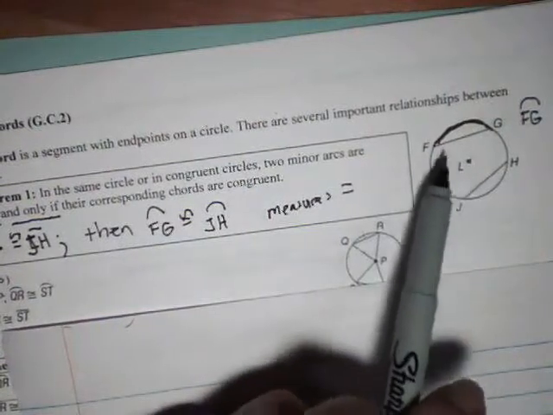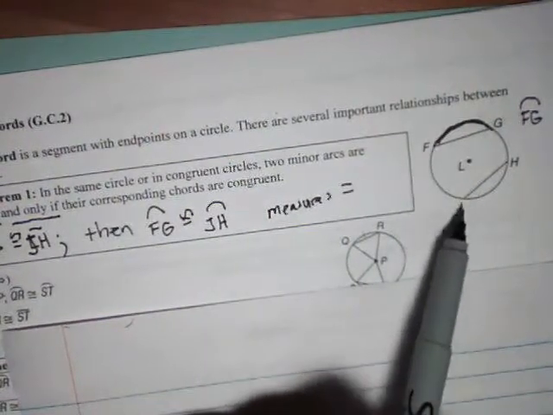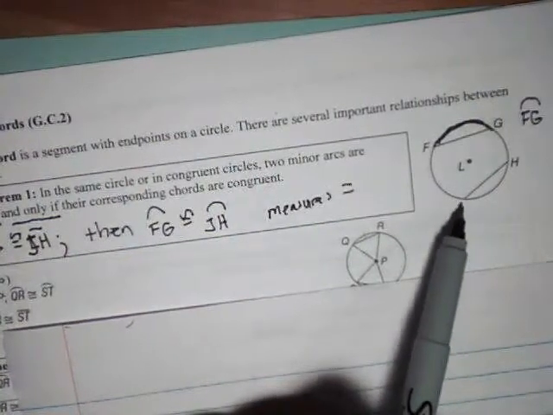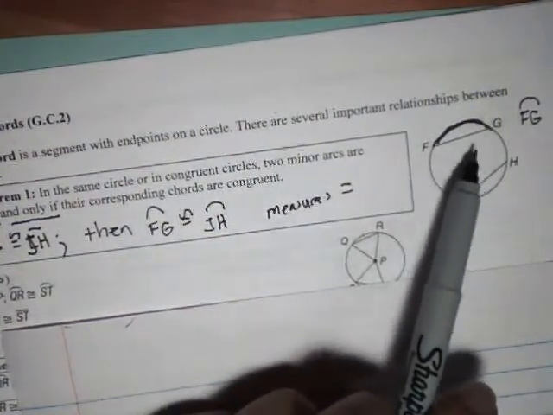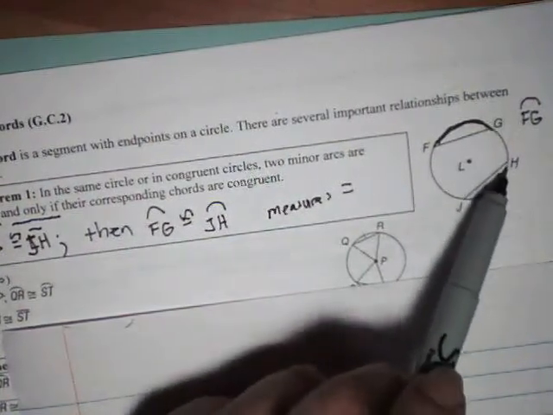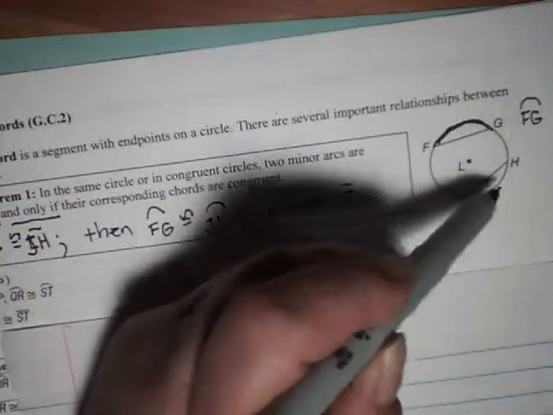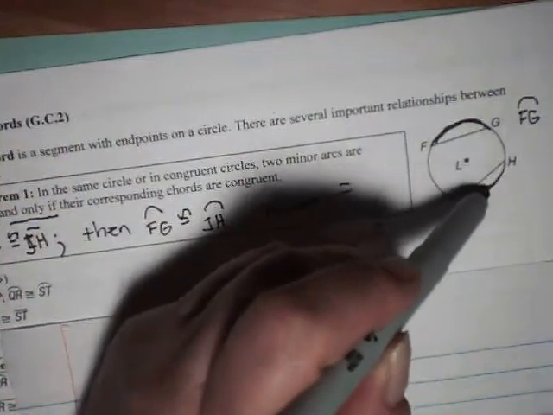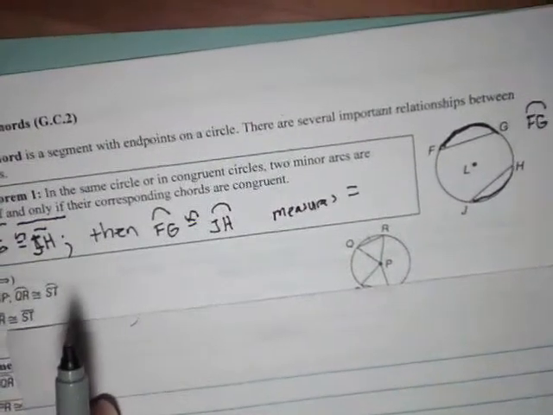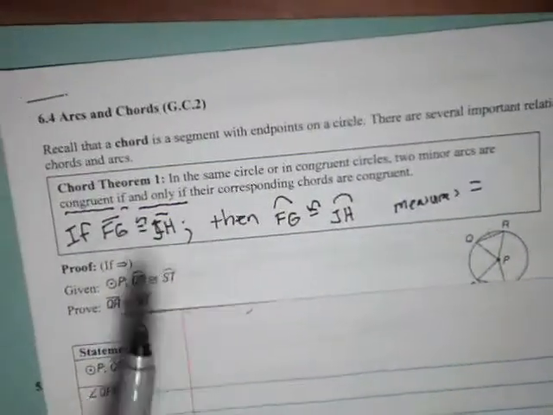So if segment FG and segment JH, both of which are chords, are congruent in length, that means that these arcs are congruent in both length and measure. In other words, number of degrees and the length, the piece of the circumference.